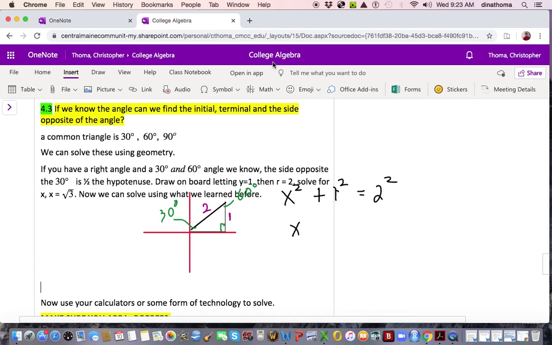So x squared plus 1 equals 4. Subtract 1, x squared equals 3. And then we take the square root, and that's where I get x equals the square root of 3.